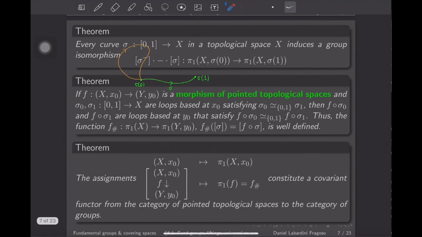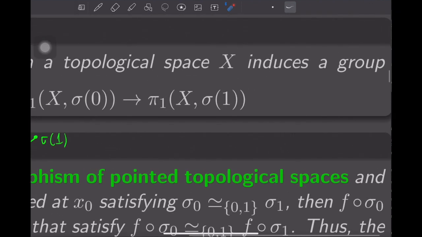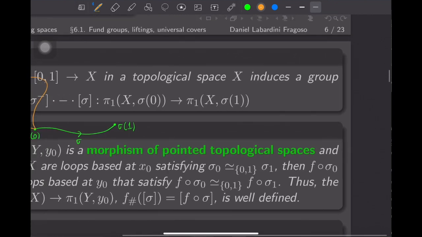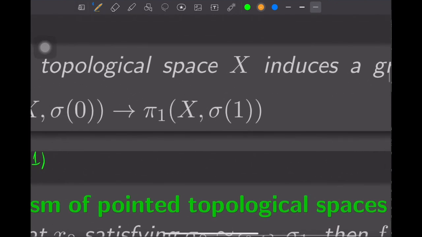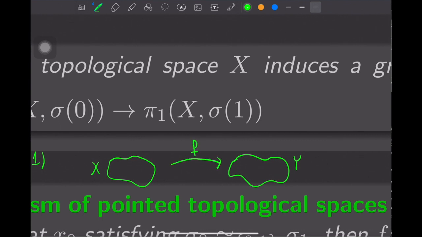Okay, and our next theorem says the following. So consider, let's say that I have my space X. I have a space Y. I have a continuous function F. And then I decide to take the fundamental group of X based at some point.